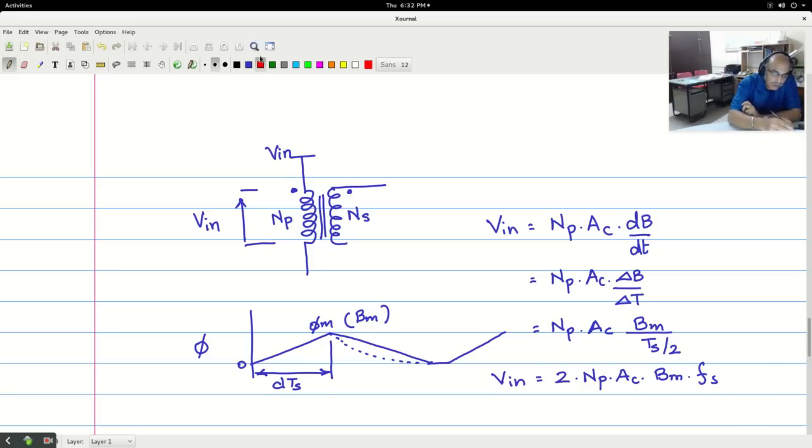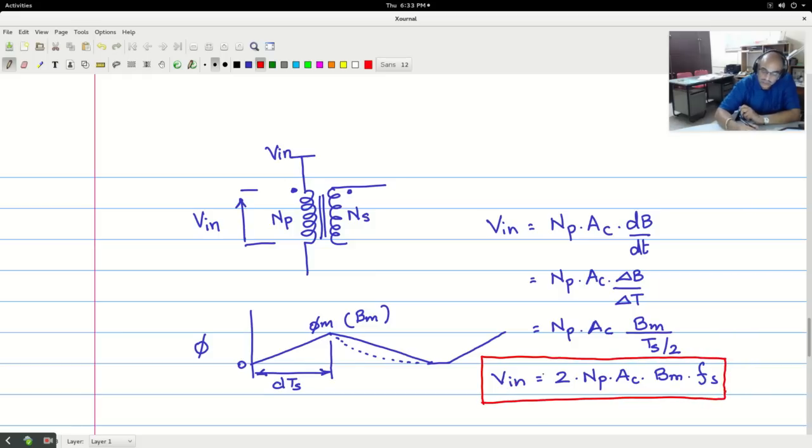Now this is a very important relationship. This is one relationship which relates the voltage to many other physical parameters. See, the voltage is related to number of turns, core cross section area, the magnetic materials Bm.